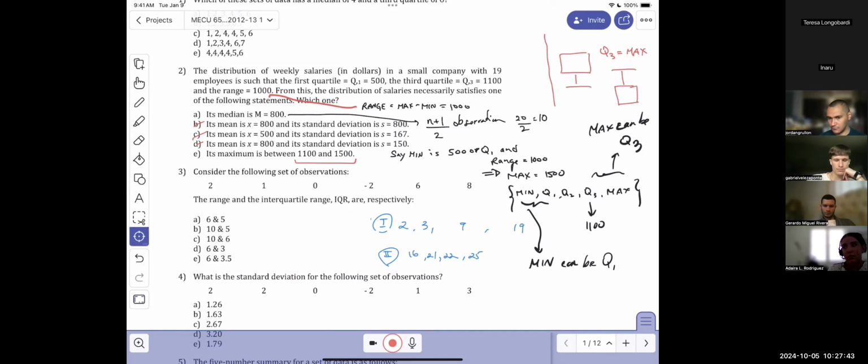so let me go through this. So this is the min. This is Q1. Q2 is not even drawn. I could do that too. Q1 and Q2 could be the same. And Q3 and max could be the same, but I'll draw a median there.